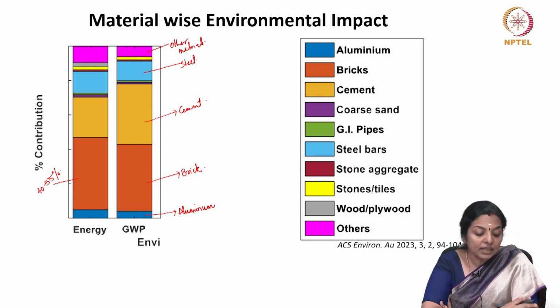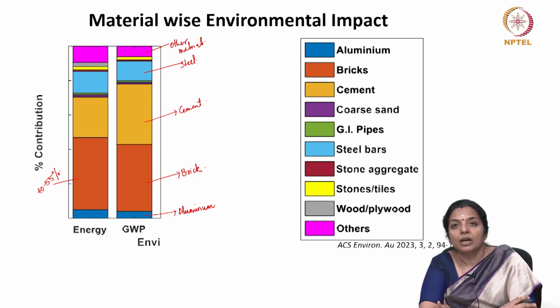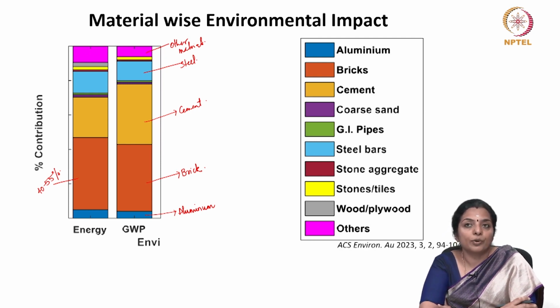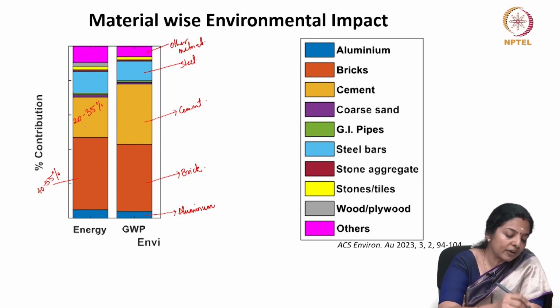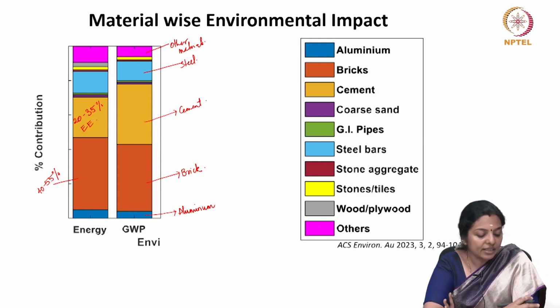You can see that brick also contributes humongously to the global warming potential. Then cement is another big contributing factor. Between 20 to 35% of embodied energy contribution to a building is by cement.